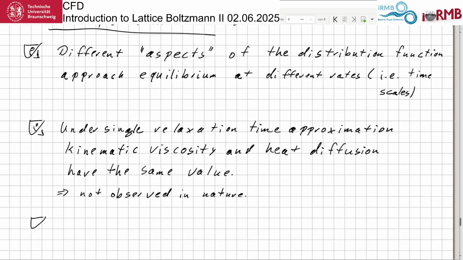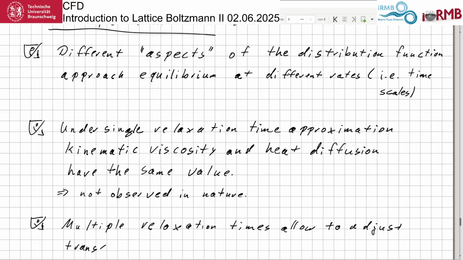So then the reality actually would be that different things have different relaxation times. If we use different relaxation times, then we have also in our model the possibility to adjust transport parameters differently.